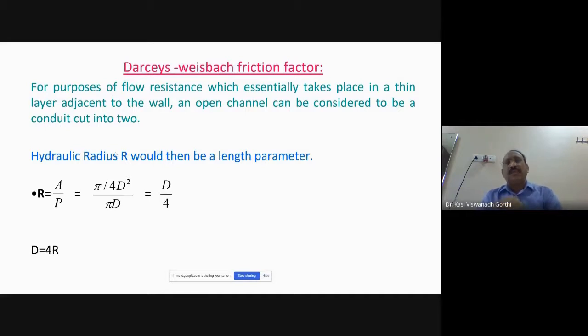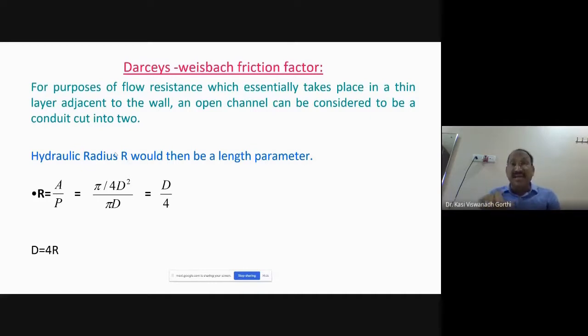An orifice is a small opening provided at the side or bottom of a tank to discharge water freely into the atmosphere. A is the cross-sectional area of the orifice opening, G is the acceleration due to gravity, and H is the constant head maintained with respect to the central line of the orifice opening.